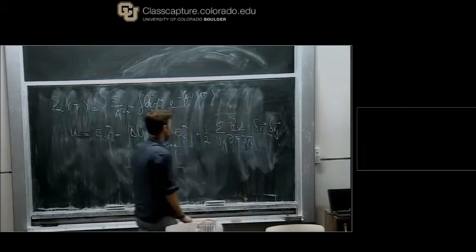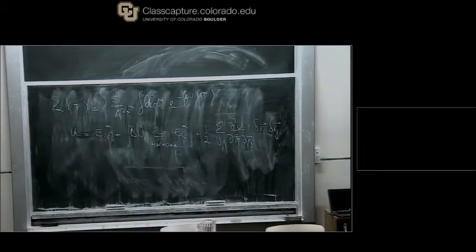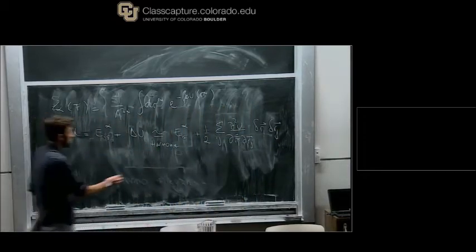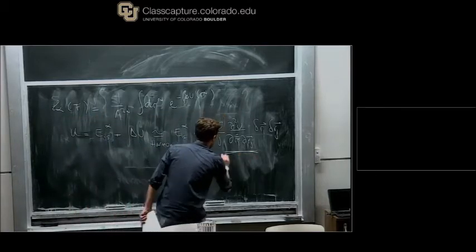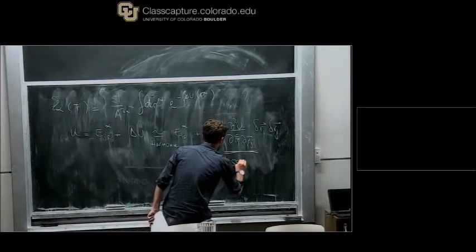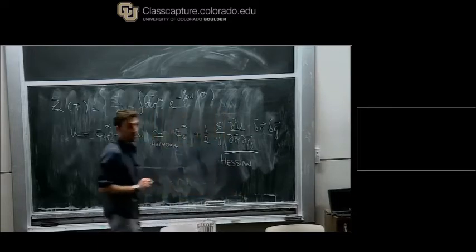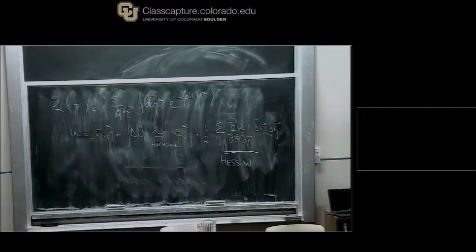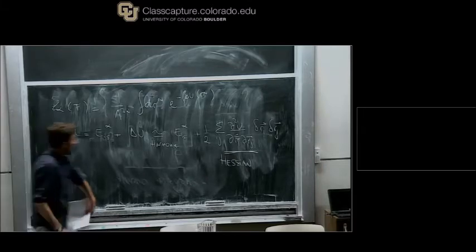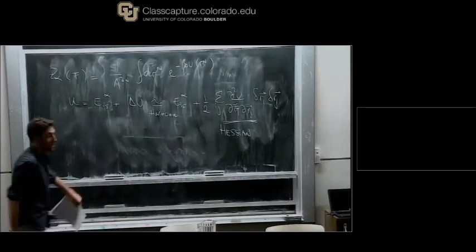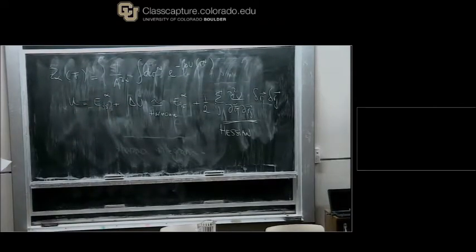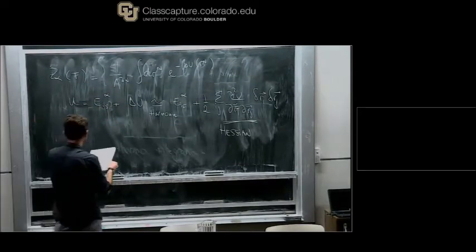Okay, so this is just a second order expansion of the energy. And the matrix that appears here is called the Hessian. So it's the matrix of the second derivatives. It's giving you the curvature of the potential energy near the energy minimum. Okay, so this matrix you can diagonalize, introduce the eigenvalues, eigenvectors, and finish this.